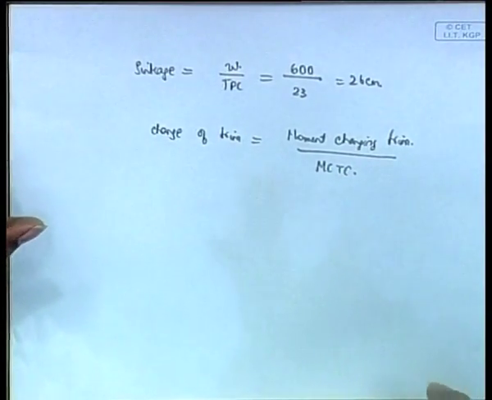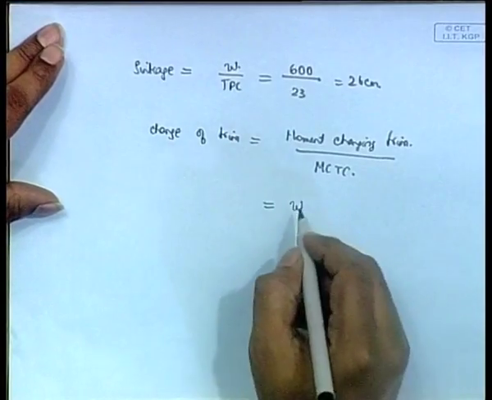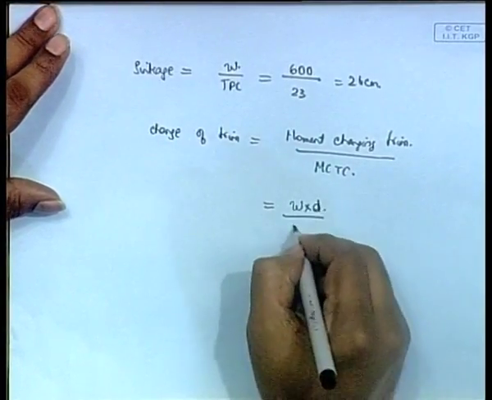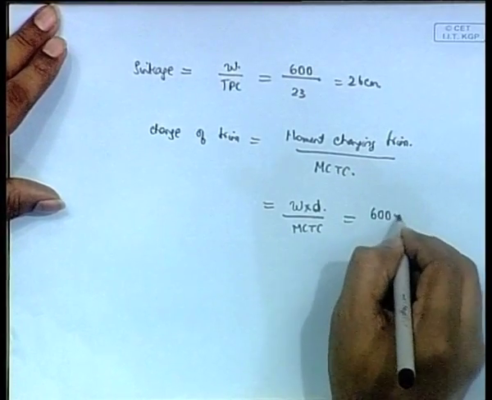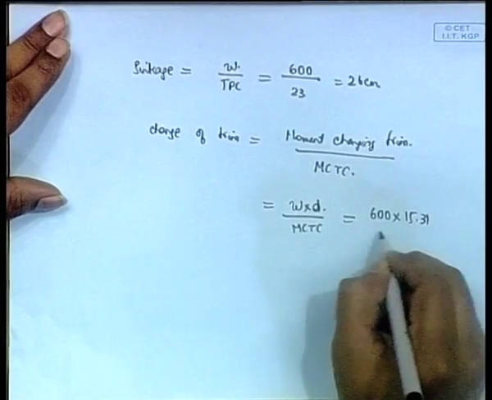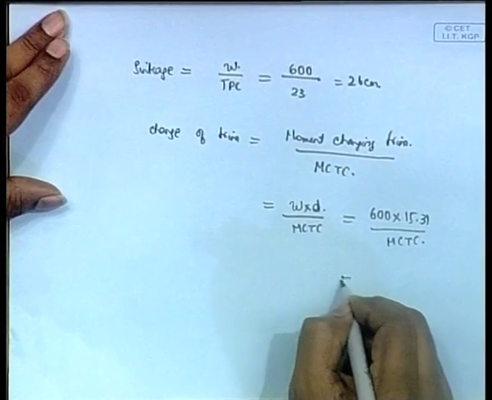It is W into D, but what is that D? D is 15.31, because D is the distance from the center of flotation again, not from the AP. It is only for doing the problem that we take from AP, because it is slightly easier to think. W into D by MCTC, which will be, in this case, weight is 600 tons and D is 15.31 divided by your MCTC.